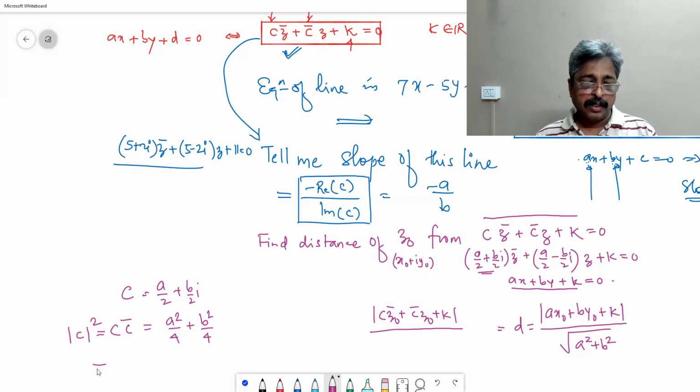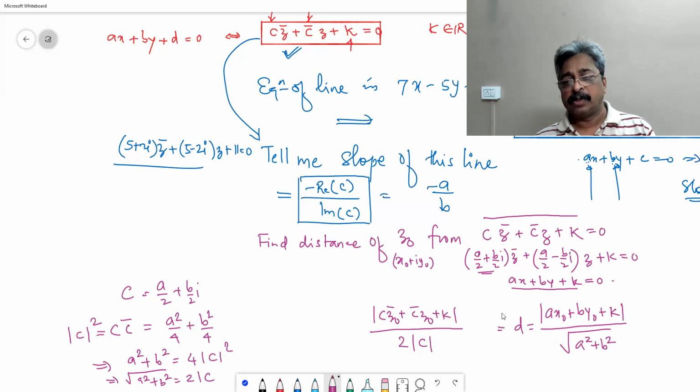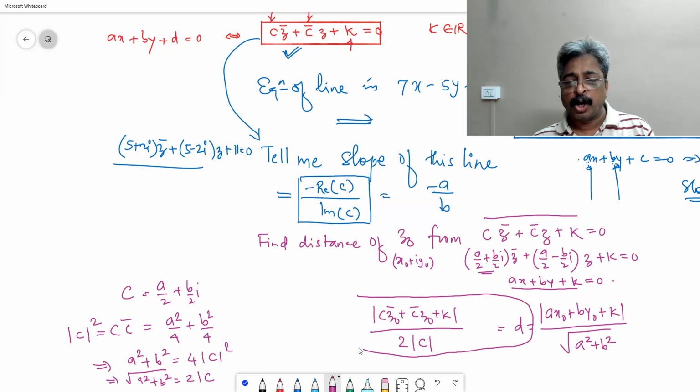Therefore a square plus b square is equal to 4 mod c square, and hence radical a square plus b square is equal to 2 mod c. So the denominator will be 2 mod c. That is the distance of z naught from c z bar plus c bar z plus k is equal to 0.